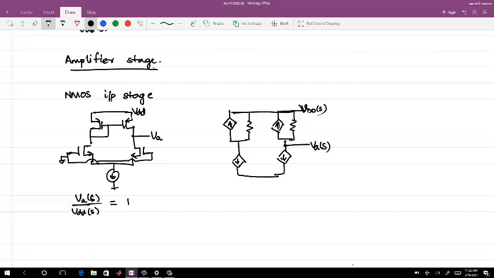In this amplifier stage, you see a complete coupling of the gate voltage with respect to the supply. You forget all the capacitors which are coming here, but this is the case.